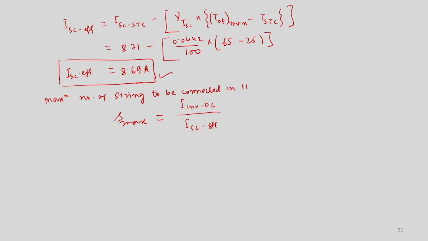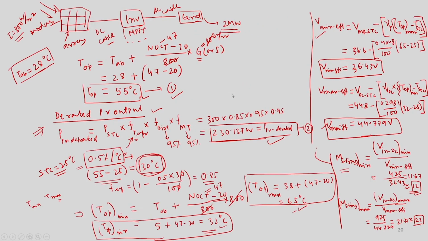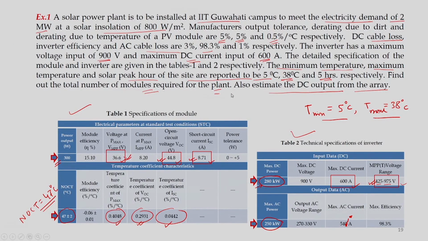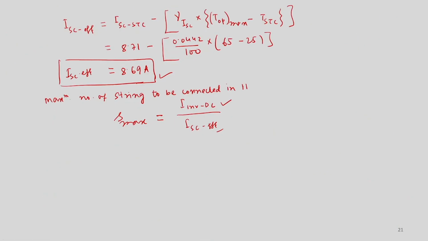So we need to use this value here, and I inverter DC is already given in the specification table. What is this value? It is nothing but 600 ampere. So if we substitute 600 here with ISC effective of 8.69, it will be about 69.04, or equivalent to 69. So the maximum number of strings to be connected in parallel is 69.